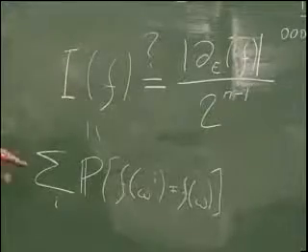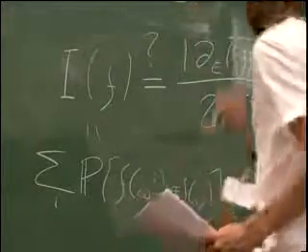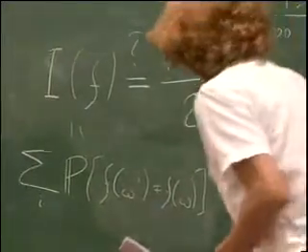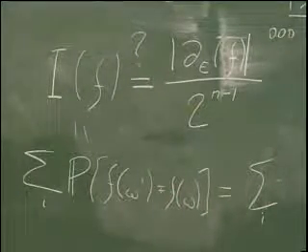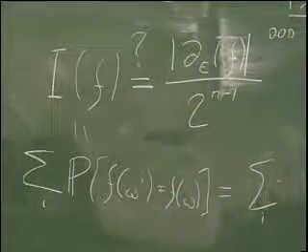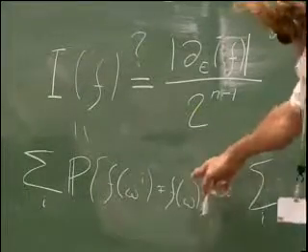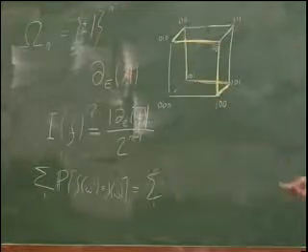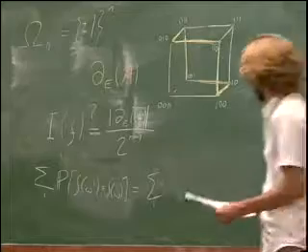What's this probability? Sorry, sum over i. That's what I was supposed to write. Well, it's just the probability that a given edge in the ith direction is pivotal. The pivotal edges are obviously the yellow things.